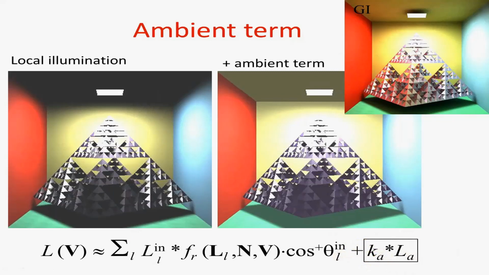If we want to be physically plausible, Ka can be obtained as the diffuse coefficient multiplied by pi. Note, however, that the modified model with the extension with this ambient term is still very far from a physically plausible simulation, which is called global illumination.